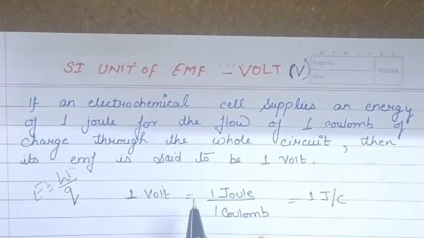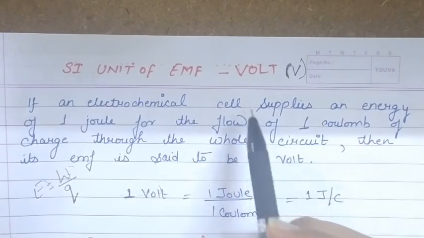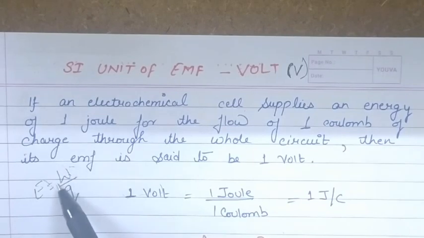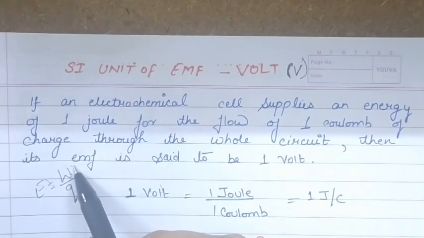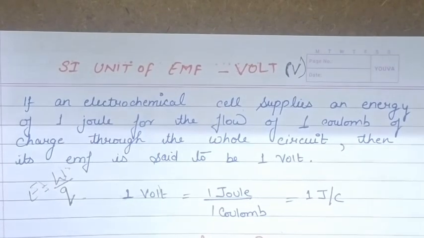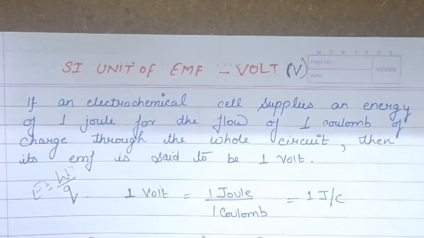So using this relation, we will define the value 1 volt. If any cell supplies energy of 1 joule, means अगर कोई भी cell 1 joule of energy supply करता है to move 1 coulomb of charge through the whole circuit. पूरे सर्किट में 1 कूलाम चार्ज को फ्लो कराने के लिए अगर कोई सोर्स या सेल 1 जूल ऑफ एनर्जी सप्लाई करता है या वर्क करता है, then the EMF of that source or cell is said to be 1 volt.